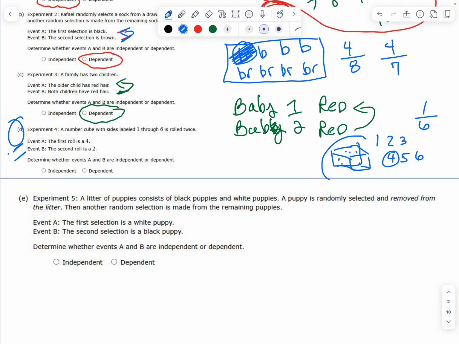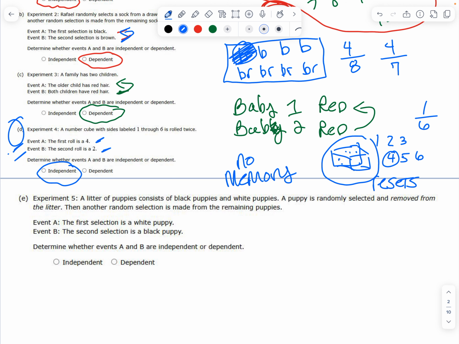Well, when you roll a die, there's no memory. That die does not care whether or not you rolled a 1 or a 6 or anything. It starts over. So when your probability resets itself, that means that they are independent events. Rolling a 2 does not depend on whether or not you rolled a 4 on a previous roll.